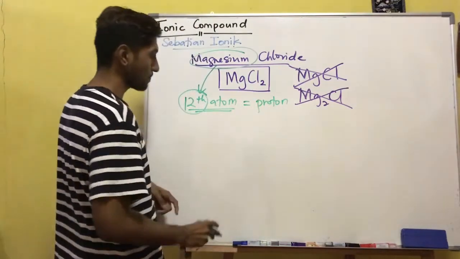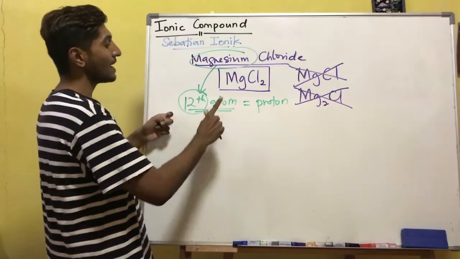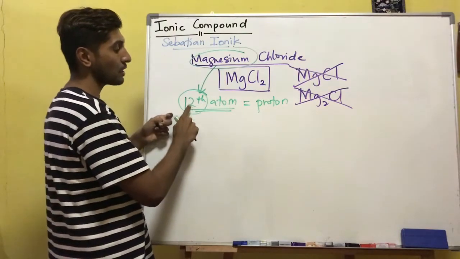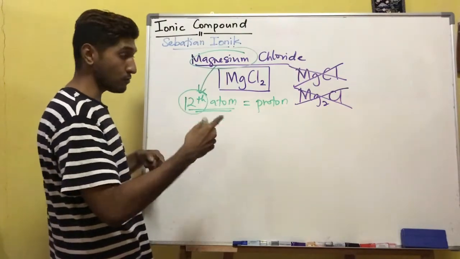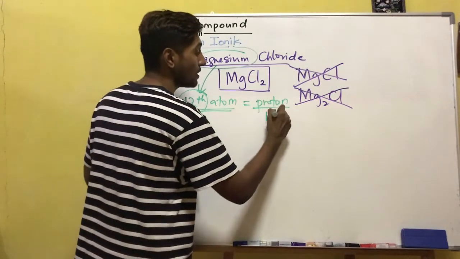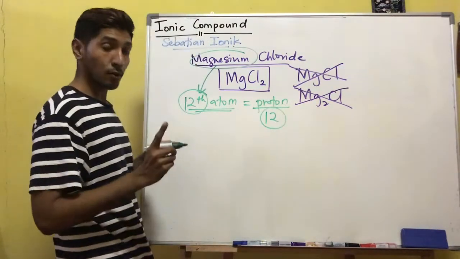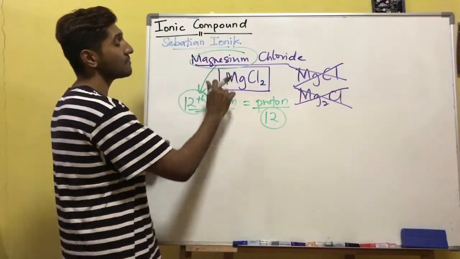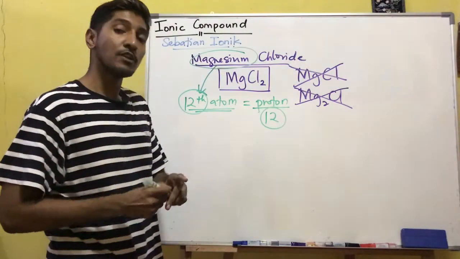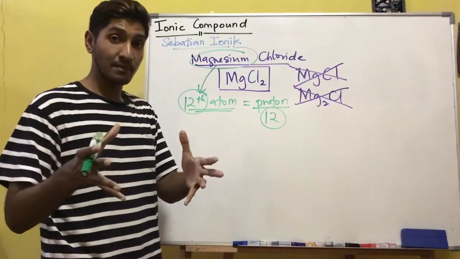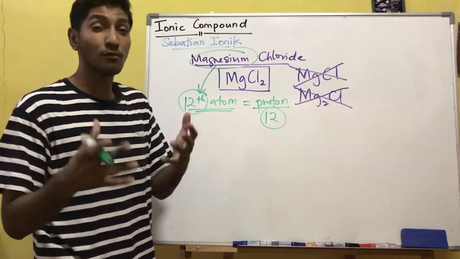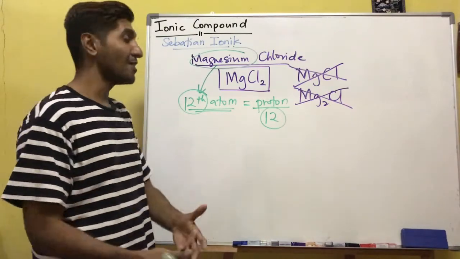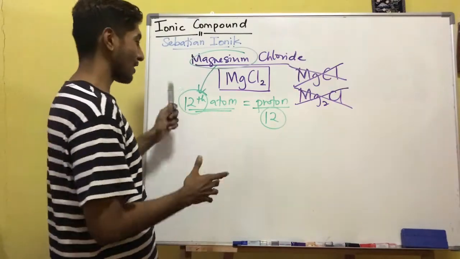Oleh itu, kalaulah magnesium ialah atom yang ke-12 di dalam jadual berkala unsur, bermakna protonnya pun ada 12. Okay, so hopefully you guys are looking at the periodic table that I've given you or other periodic table, hopefully you just have a periodic table with you. So it will be better for your understanding.